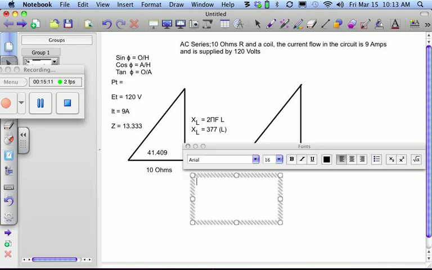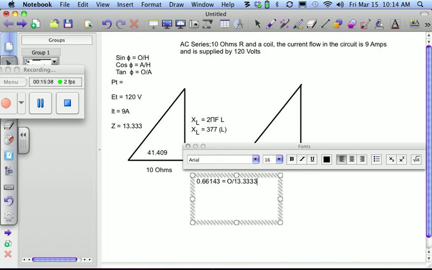If we put in that right here, we have 0.66143 and so on is equal to the opposite divided by 13.33, right?